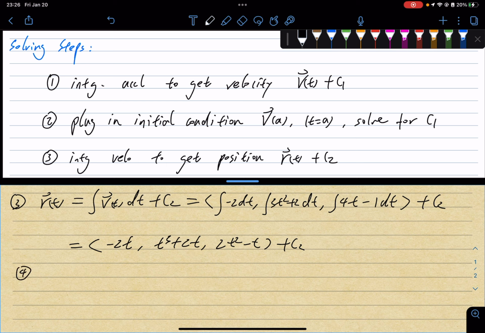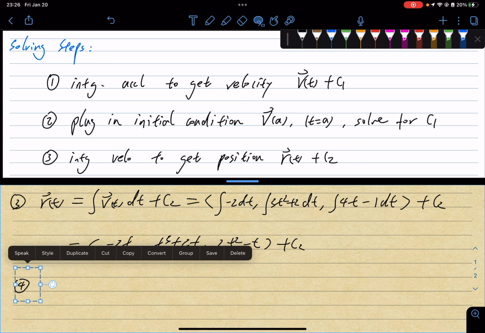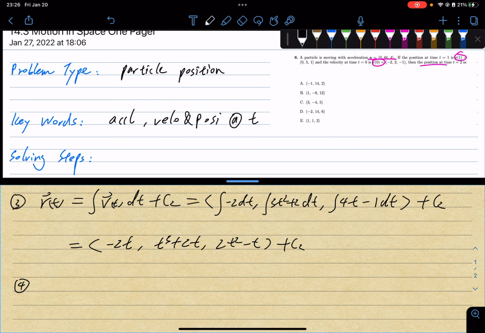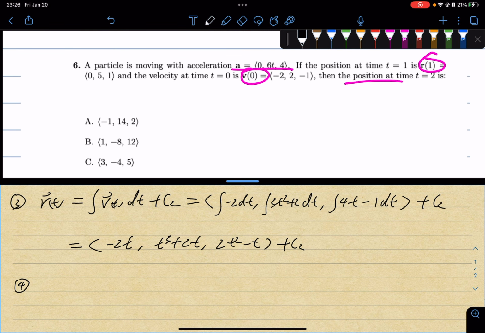What we're going to do is plug in the initial condition of r at b. Again, a and b can be the same or can be different, and b equals 1 in this scenario.